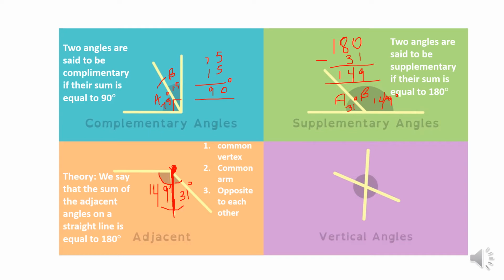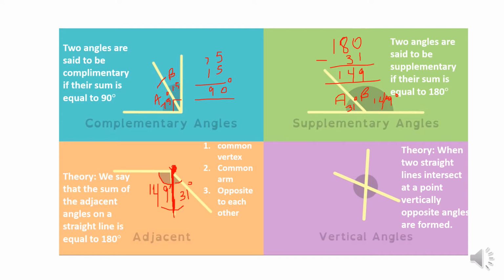Now on to vertical angles, vertically opposite angles. The theory is this: when two straight lines intersect at a point, vertically opposite angles are formed.